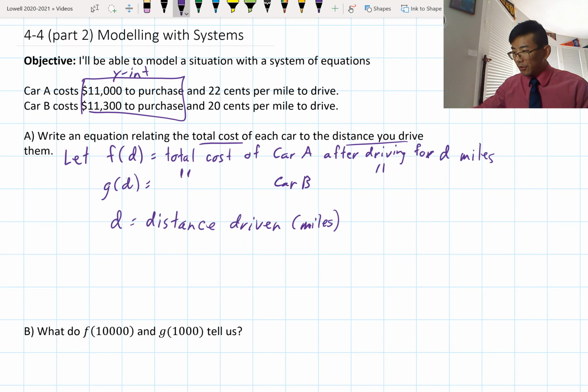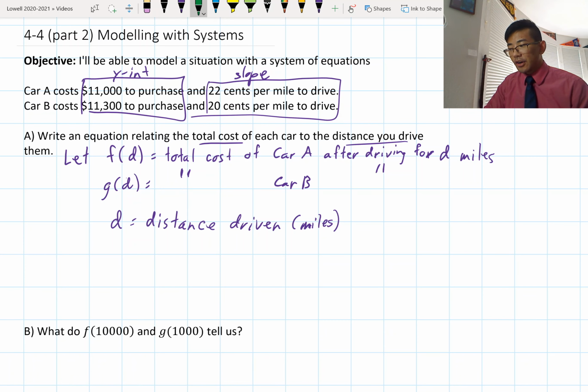And that means our 22 cents per mile is our slope, or our rate of change. I forgot to give our units for our costs. Since we're using $11,000 and $11,300, it makes sense for our total cost to be in dollars.